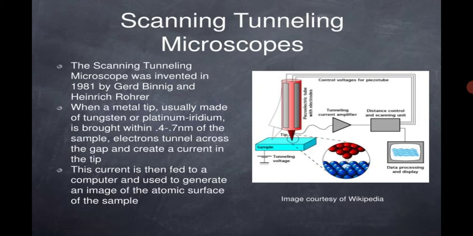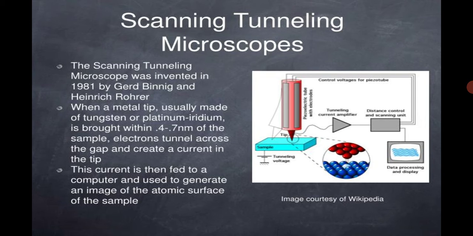Now, the scanning tunneling microscope. The scanning tunneling microscope was invented in 1981 by Gerd Binnig and Heinrich Rohrer. When a metal tip, usually made of tungsten or platinum-iridium, is brought within 0.4 to 0.7 nanometer of the sample, electrons tunnel across the gap and create a current in the tip.